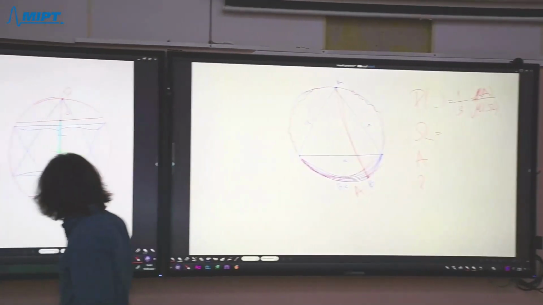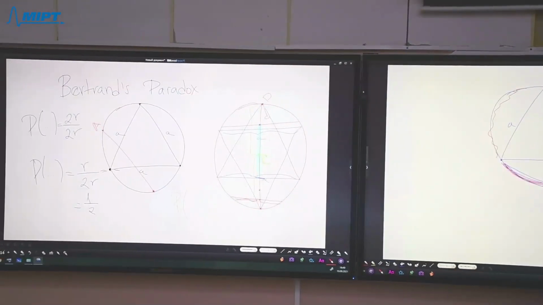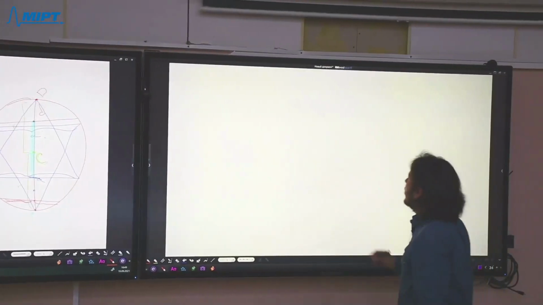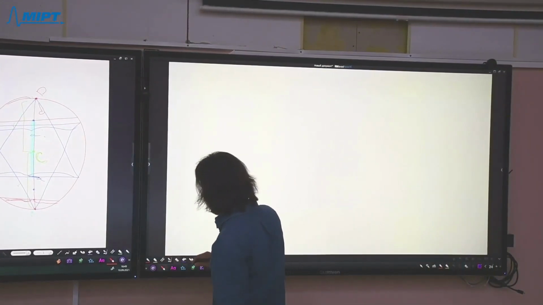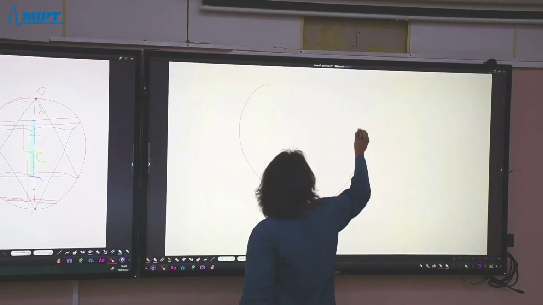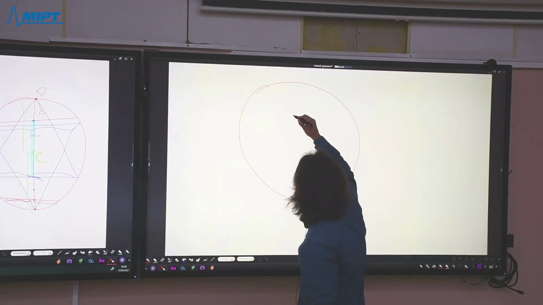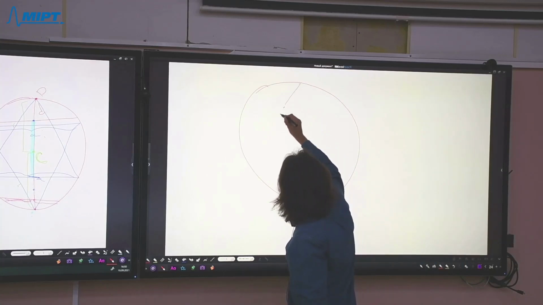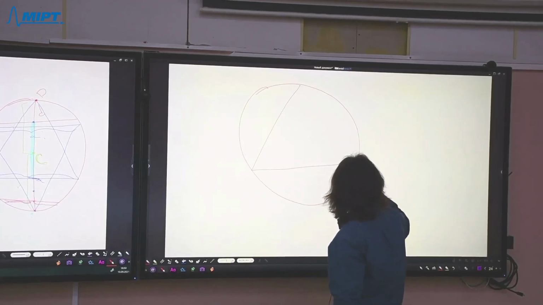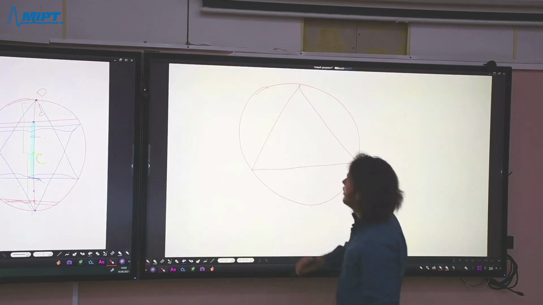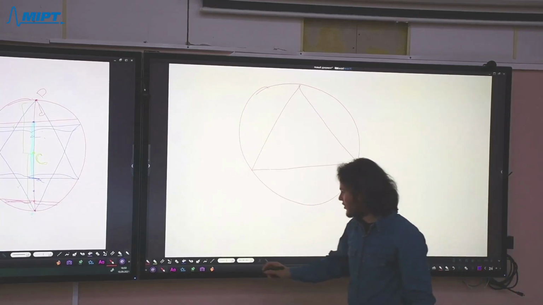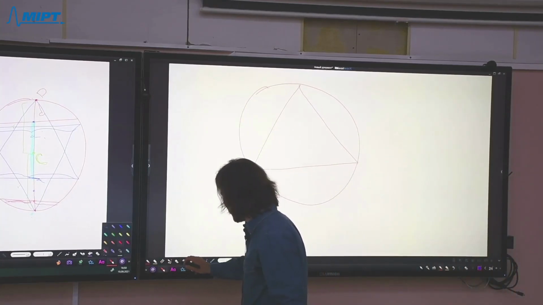And now we can actually do this again. What if we have the circle here, and again this triangle, and we have a circle inside this triangle like this.